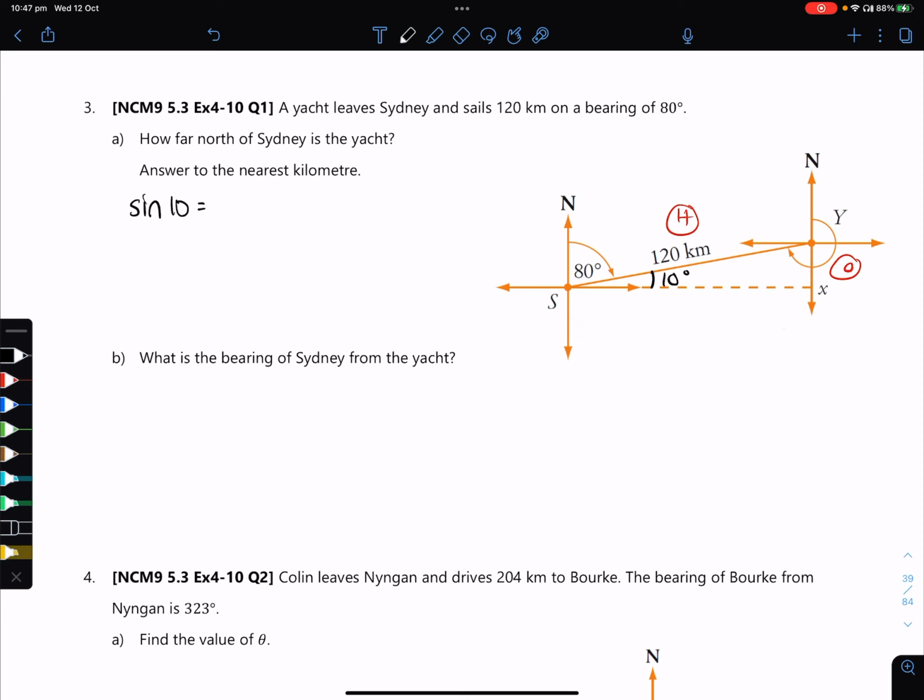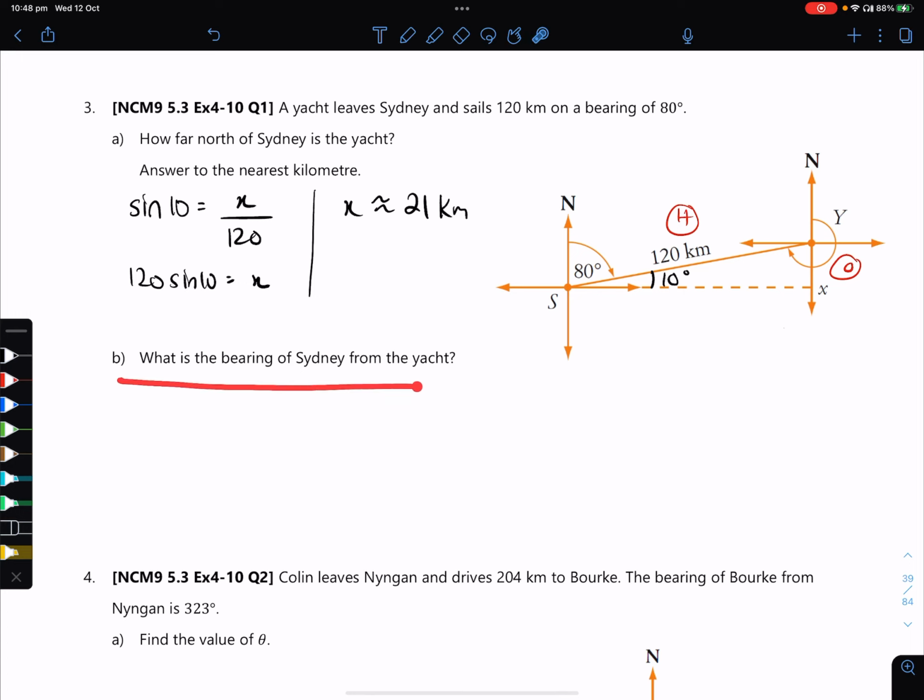So sine 10 is equal to x over 120. Multiplying 120 over gets us 120 sine 10 equals x. So 120 sine 10 will be roughly 21 kilometers.